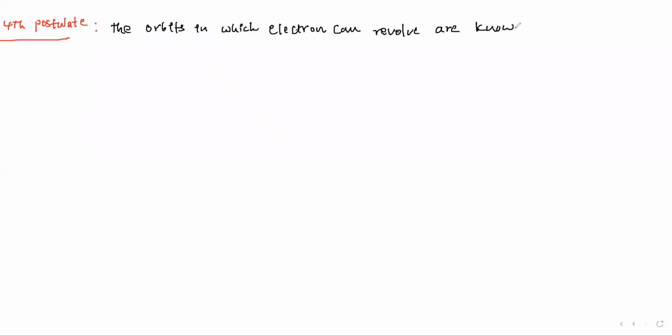Fourth postulate. The orbits in which the electron can revolve are known as stationary orbits.